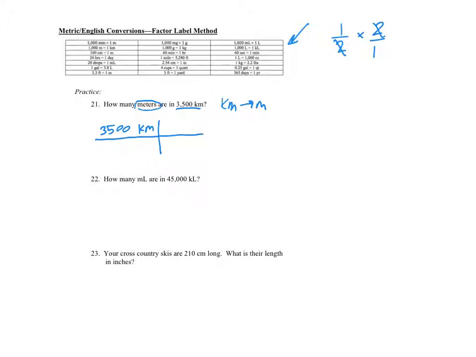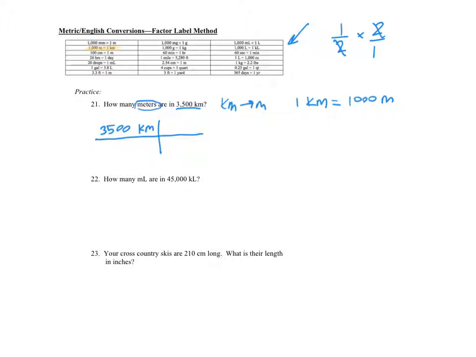If I look right here in my little chart, I see that 1 kilometer equals 1,000 meters. You can write that on your paper or not; if you can just look it up in the chart, that's fine. But this is the conversion factor that I'm going to use to change from one unit to the other. I can do it in one step. There's one math step needed to do this conversion.